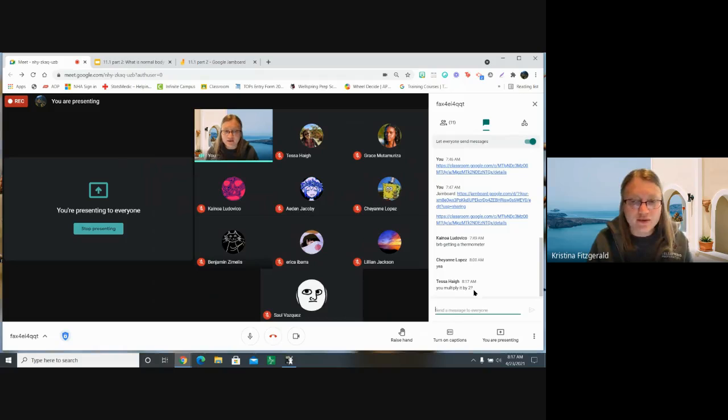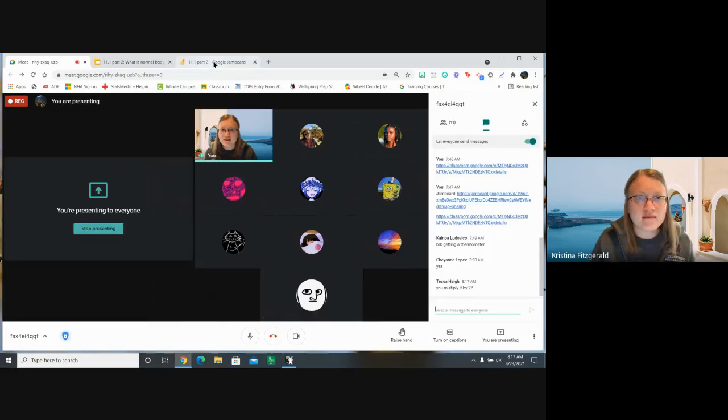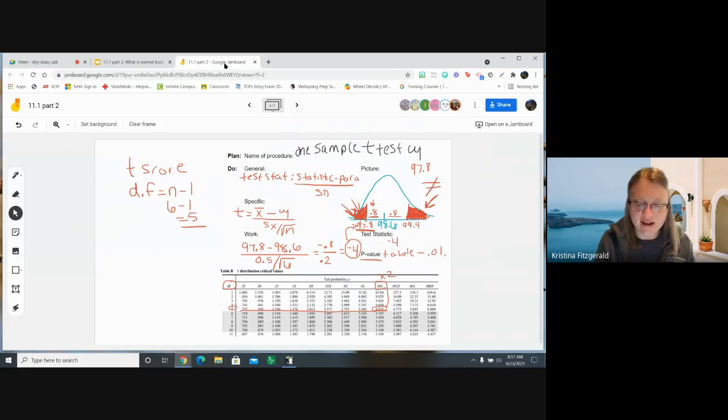Yeah, and yep, you just multiply by 2 on this one, Tessa, because we're doing a 2-sided test. Now, if I was only considering, because I decided to just investigate whether body temperature is just different than what doctors say it is, but if I said, oh, I think body temperature on average is less than what doctors think, then I would just look at the one side.